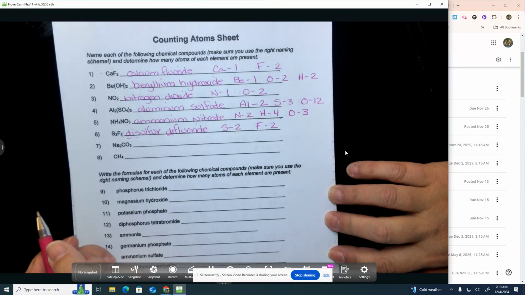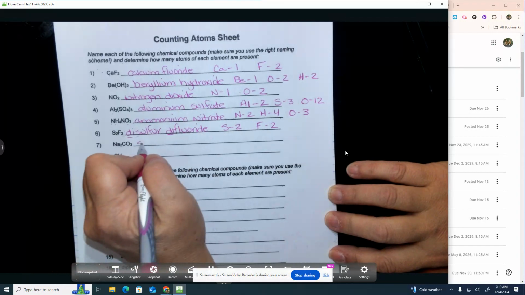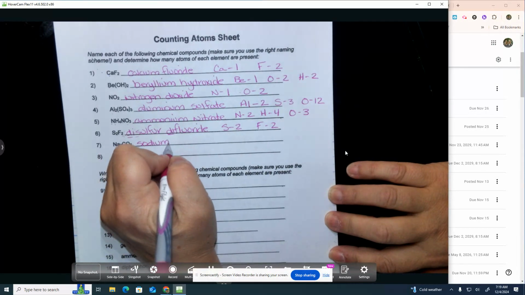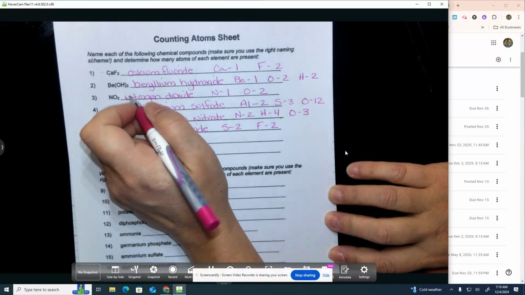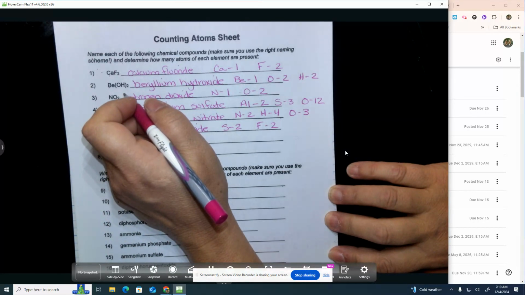All right, Na2CO3. Lexi, what do you think? Sodium.